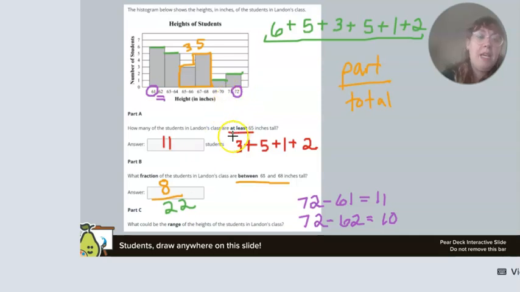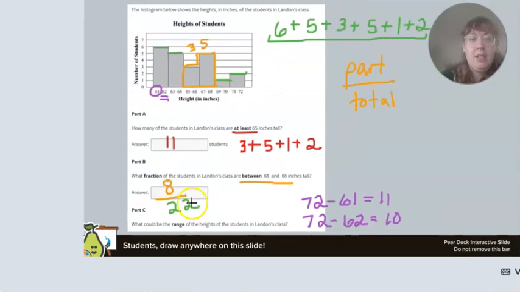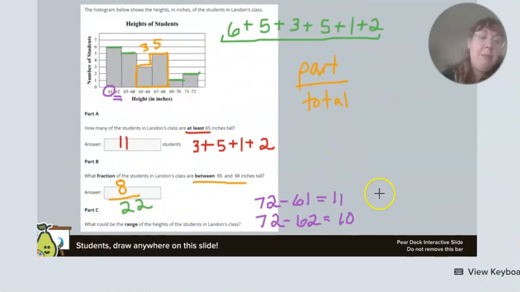But because that bucket is 71 to 72, our maximum could also be 71 minus 61, which would be 10 again, or 71 minus 62, which is 9.